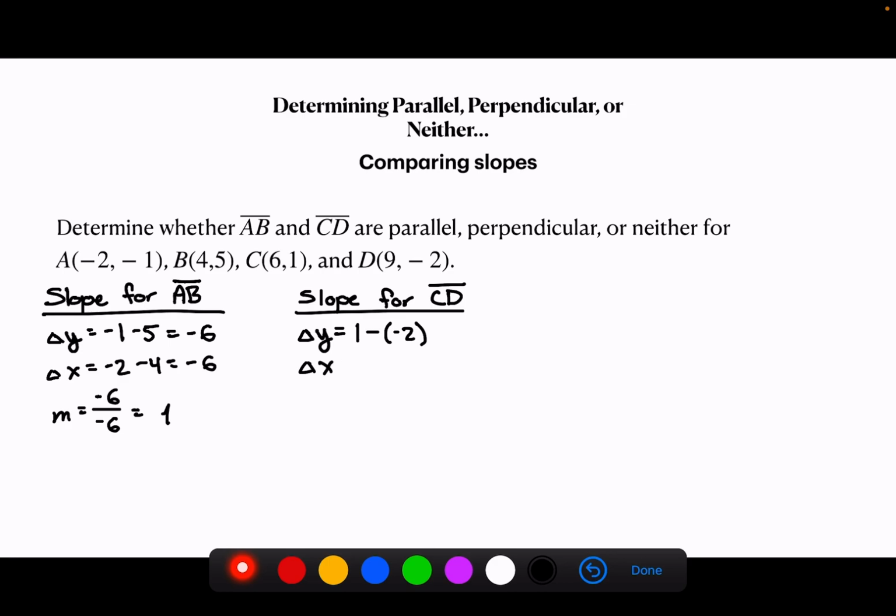And the change in x is going to equal 6 minus 9, which gives us -3. And so our slope is going to equal 3 divided by -3, which simplifies to -1.